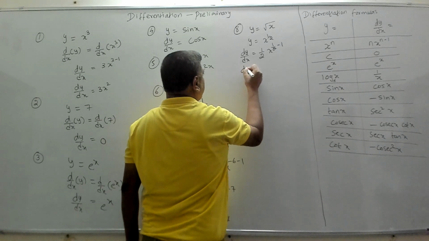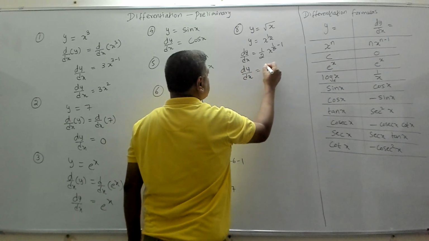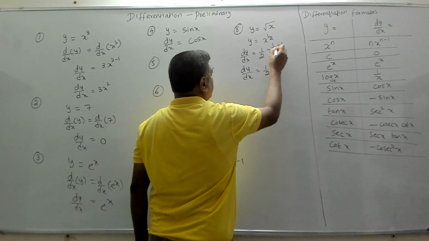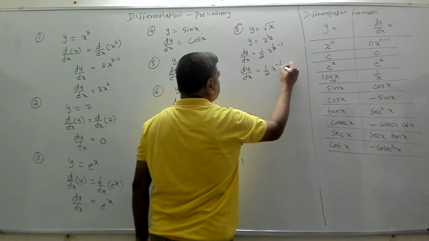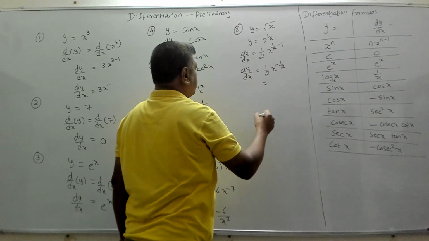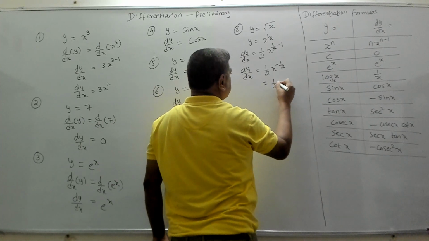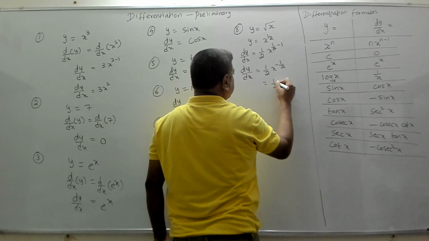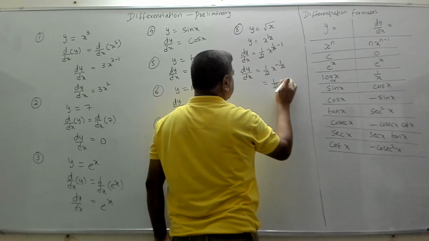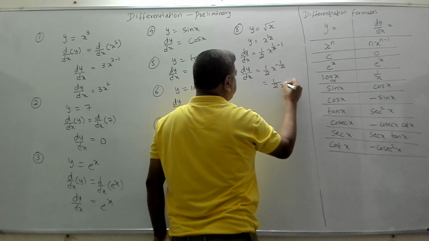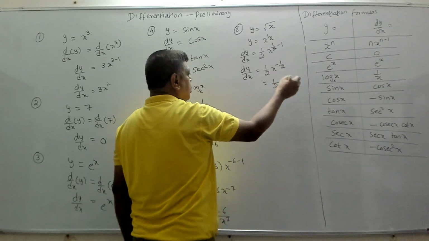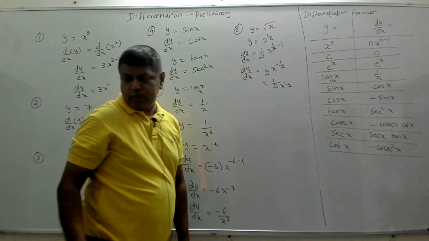After that we are going to just do normal simplification, which is 1 by 2 into x power 1 by 2 minus 1 is minus 1 by 2 if you do fraction subtraction, right? So that is equal to 1 by 2 into x power minus 1 by 2. When minus 1 by 2 comes down, it becomes plus 1 by 2, right?